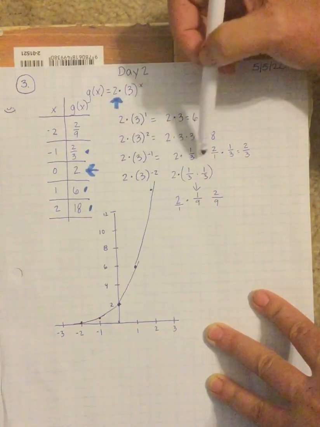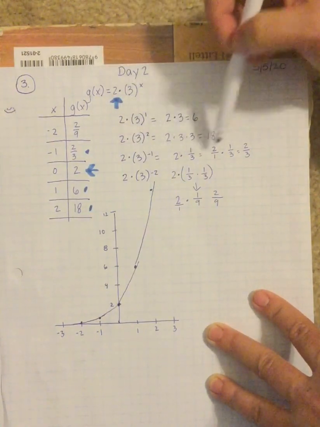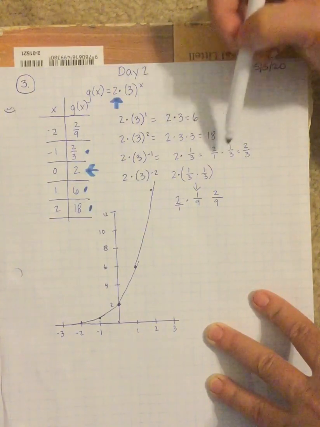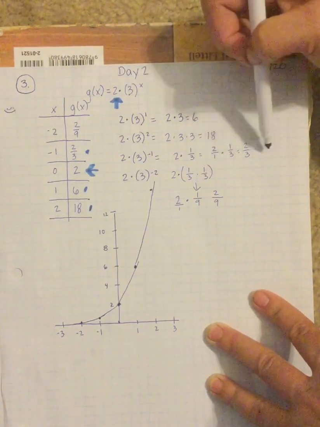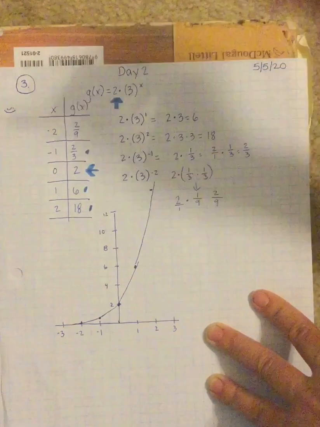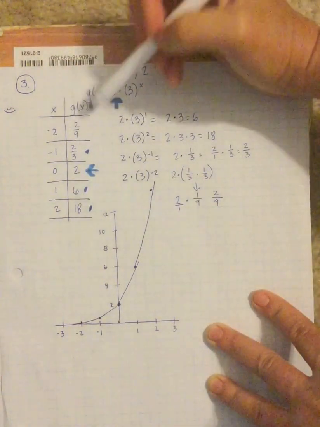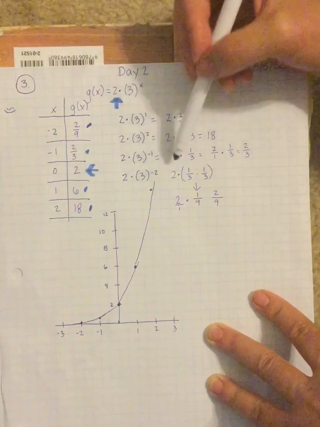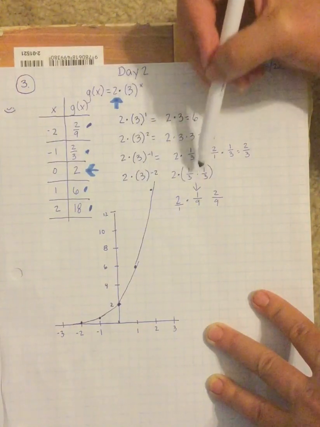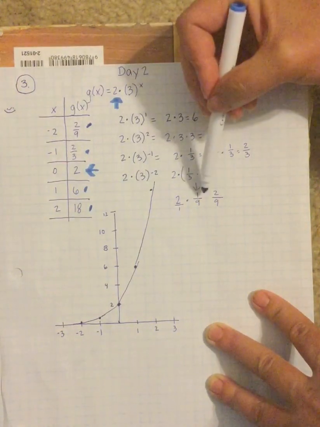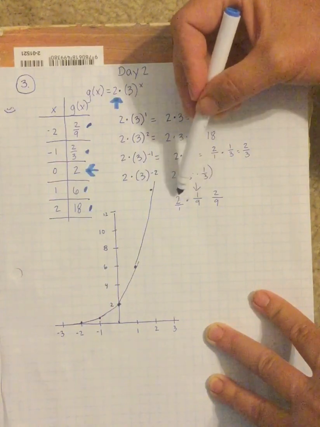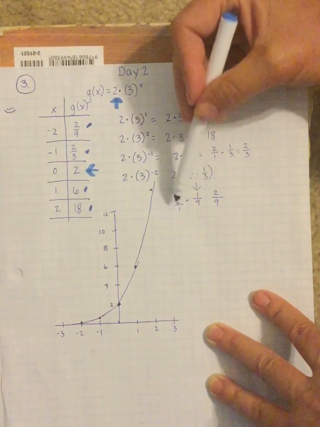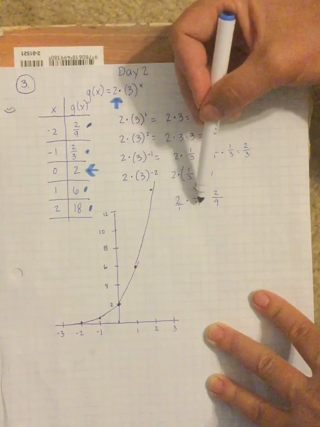Remember, it turns into a fraction. So 2 over 1 times 1/3, multiply across, is 2/3. And for the last one, we have 2 times 3 to the negative 2. So it's 2 times 1/3 times 1/3. Again, this is 1/9 times 2, multiply across: 2 over 9.